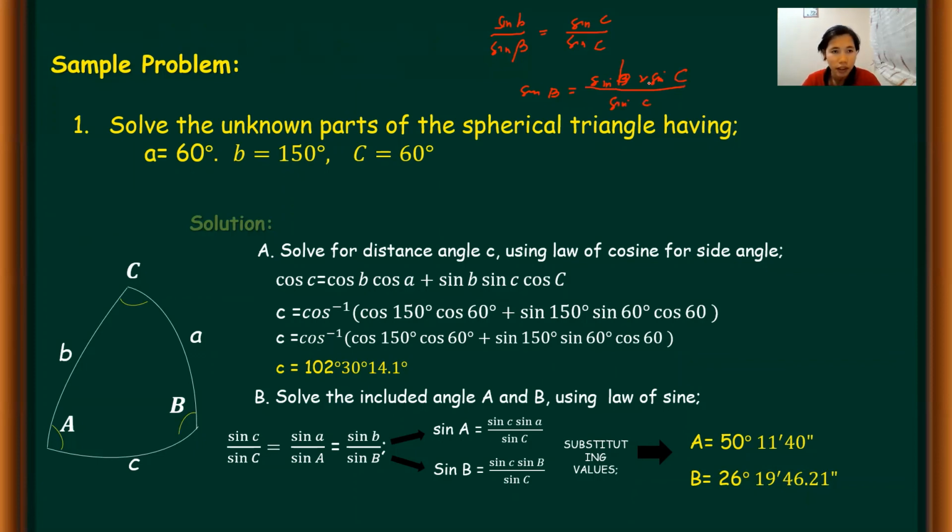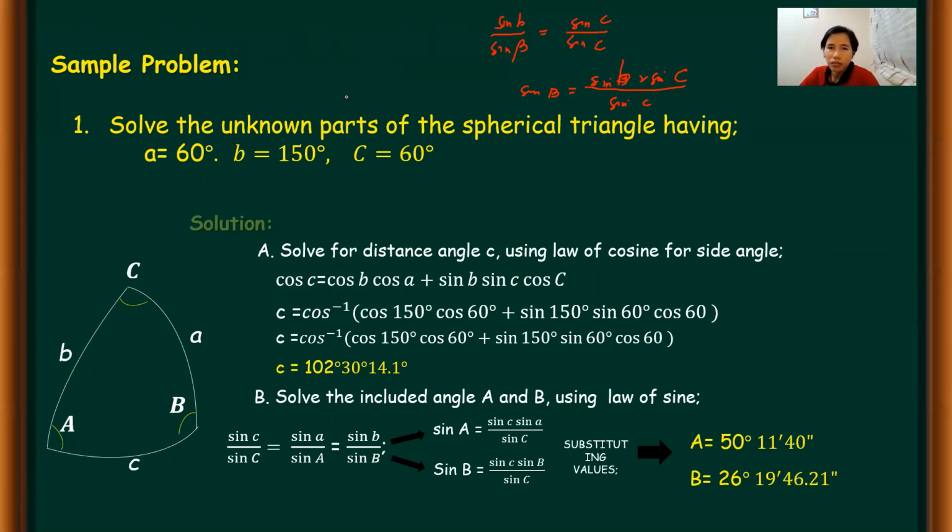What is b? b is 150 degrees times sine C, C is 60 degrees, over sine small c, which is 102 degrees, 30 minutes, and 14.1 seconds. So that is 26:19. That is correct.